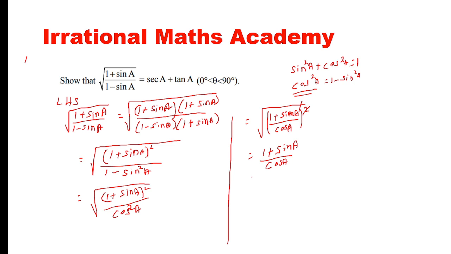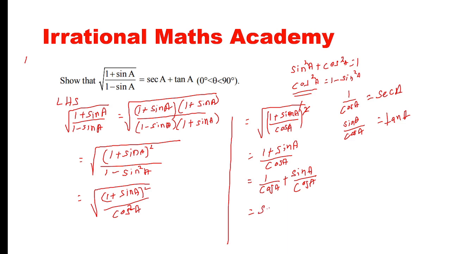Now I told you, A plus B by C, I can write it as A by C plus B by C. So what will we get here? 1 by cos A plus sin A by cos A. Remember this: 1 by cos A equals secant A, and sin A by cos A is nothing but tan A. So I'll substitute here: 1 by cos A is secant A plus sin A by cos A is tan A. This is our RHS.